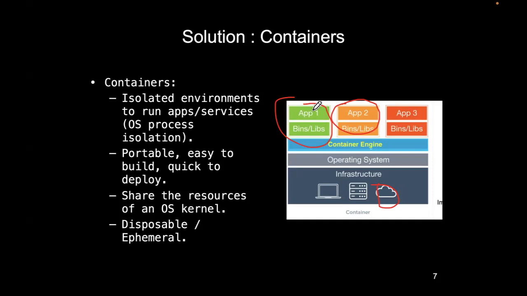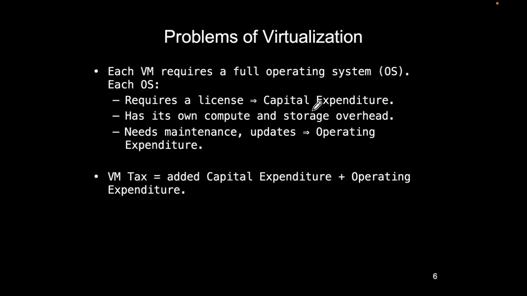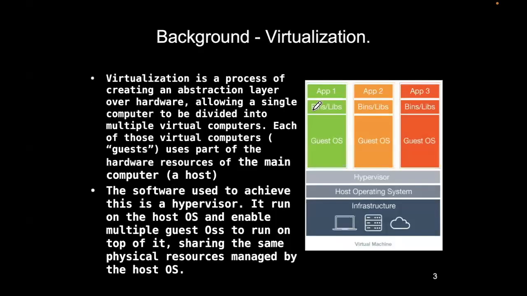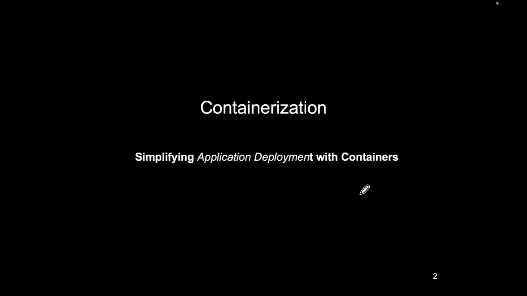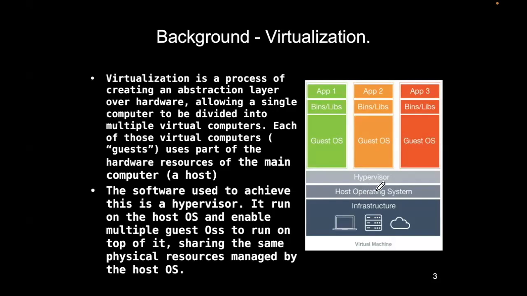What preceded containerization was something called virtualization. Virtualization was this idea here. It was a really useful technique at the time, but you remember that the idea of virtualization is, you've got your underlying hardware, you've got your host operating system.